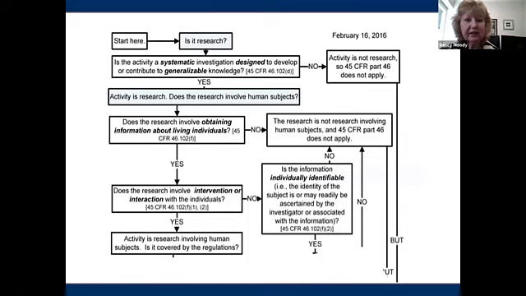Does the research involve human subjects? Yes, I'm collecting identifiable data. Does the research involve intervention or interaction with the individuals? No, just the data. But then, is the information identifiable? The answer would be yes, so it would be human subjects.